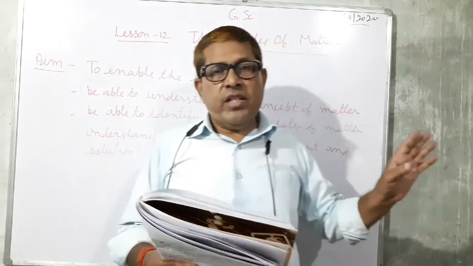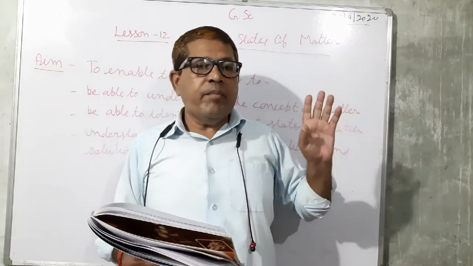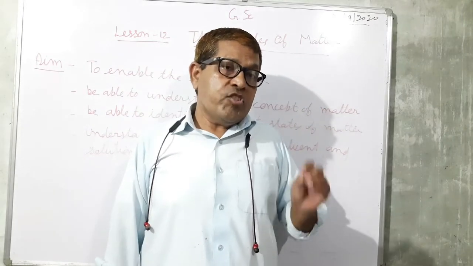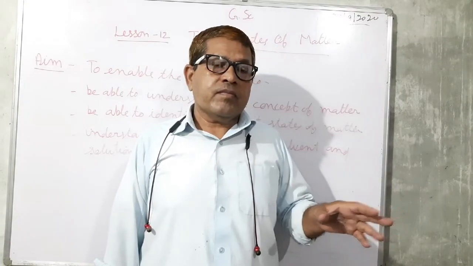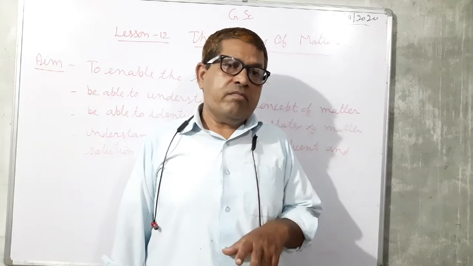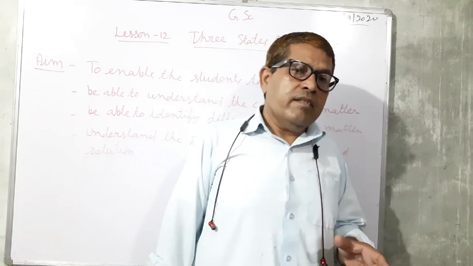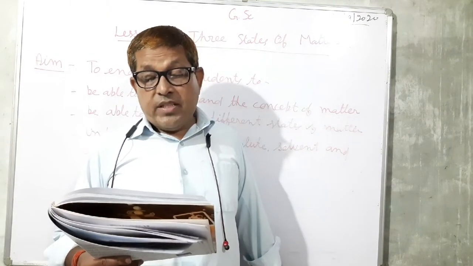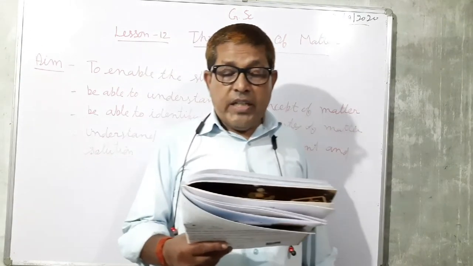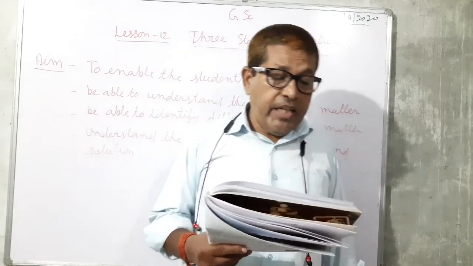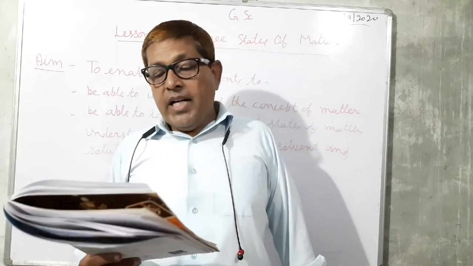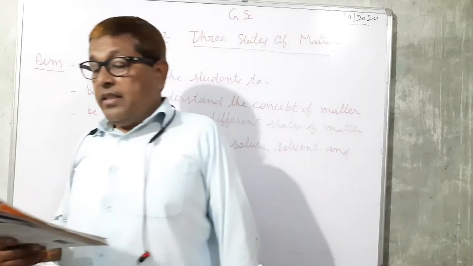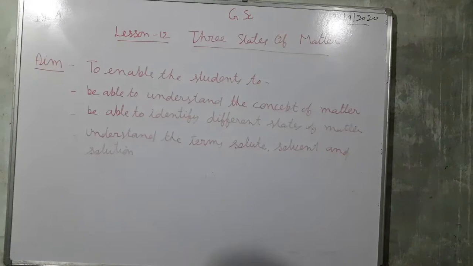Whatever we see around us is matter. Air is also matter. Chair, table, furniture, oil, these are matter. Stones, wood, milk, water, petrol, oxygen, carbon dioxide and smoke are some examples of matter.